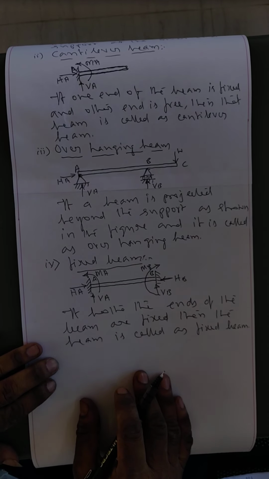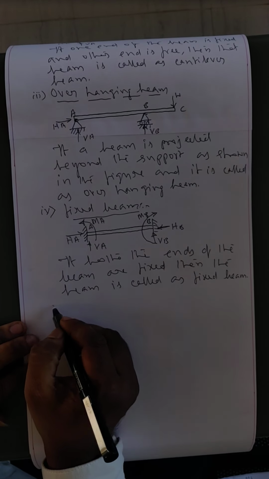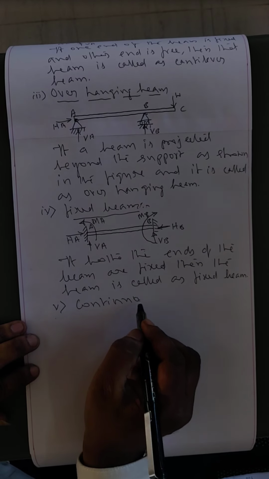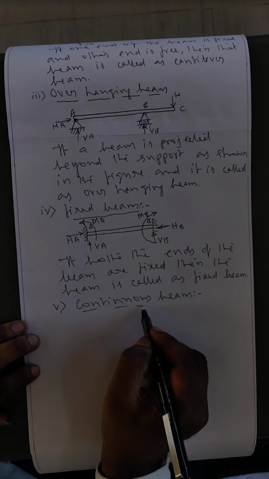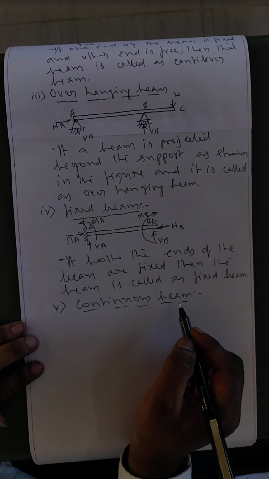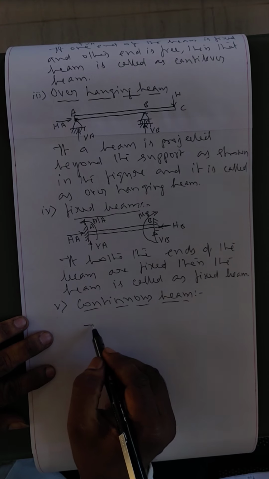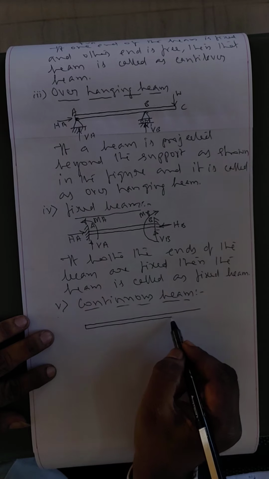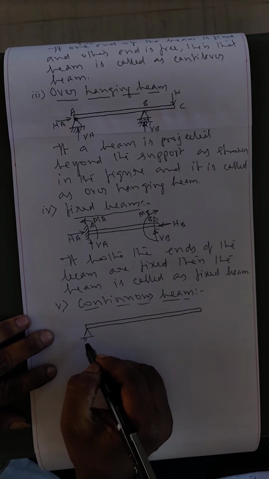Then the last one we will see, that is the fifth one, the continuous beam. It is the last type of beam. See, it is a beam which has more than two supports. For example, this is the beam. Here one support is there, hinge support.